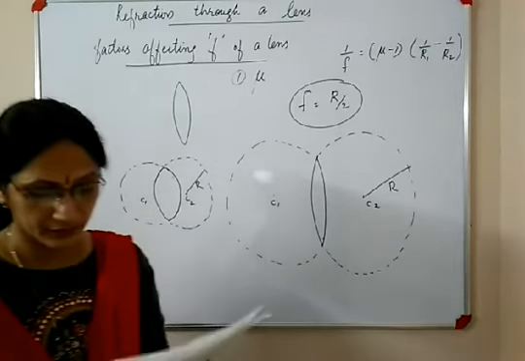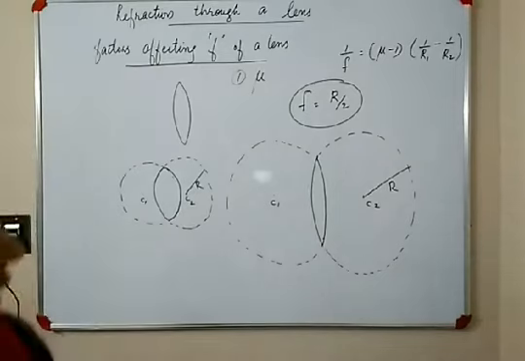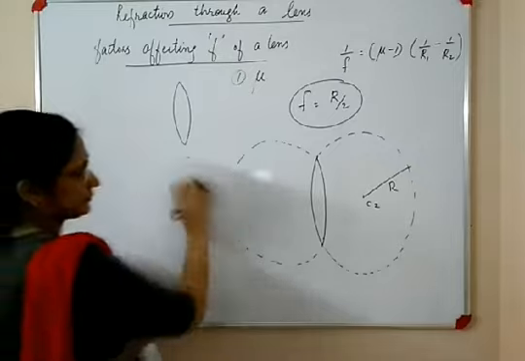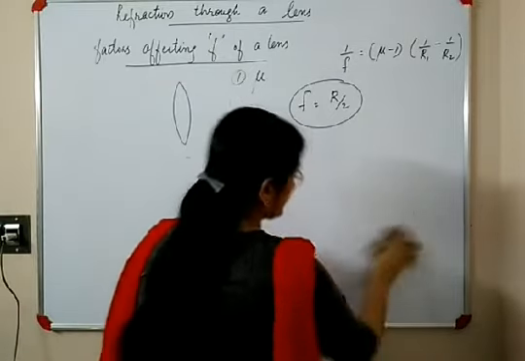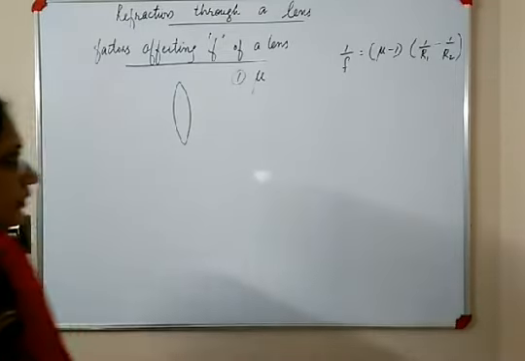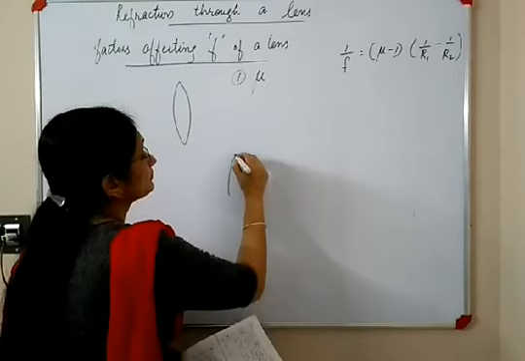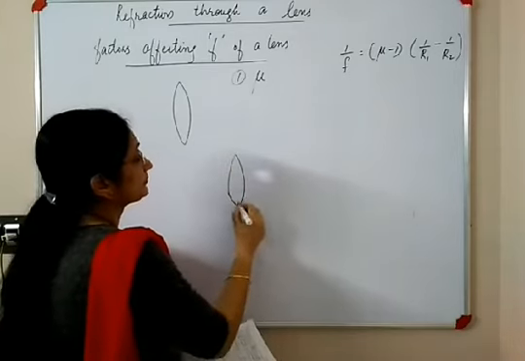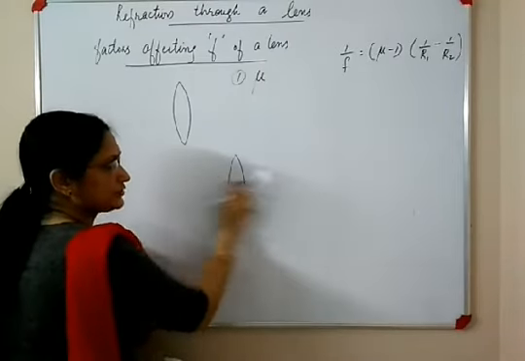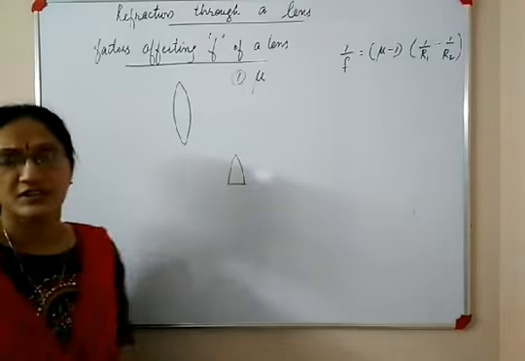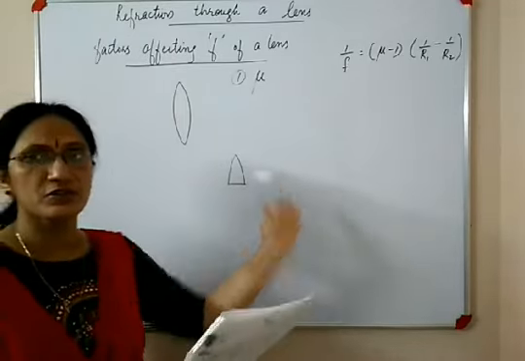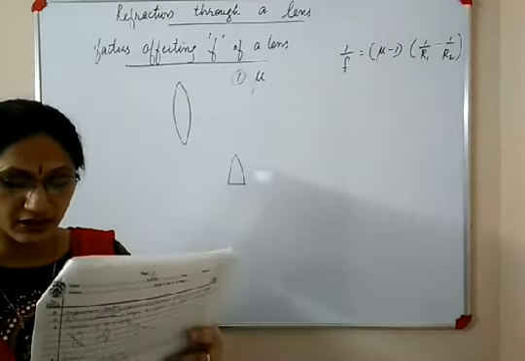Remember it. Then what will happen to the focal length if a lens is broken horizontally? Suppose this lens you are breaking horizontally into half. Its focal length will not change. Okay, if a lens is broken horizontally into two pieces, its focal length will not change.